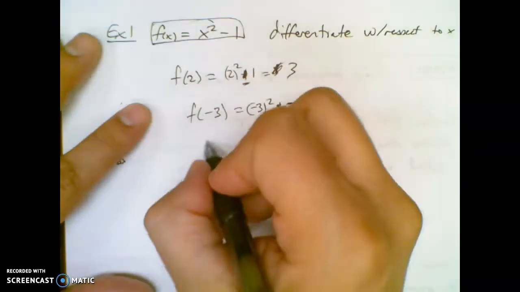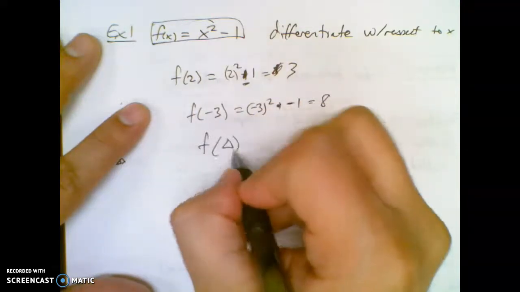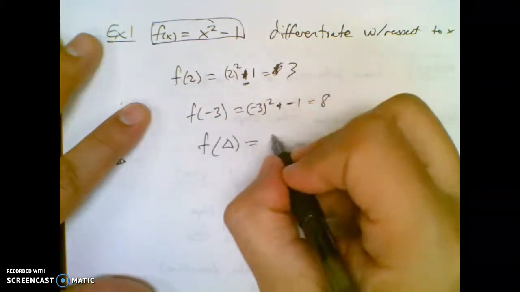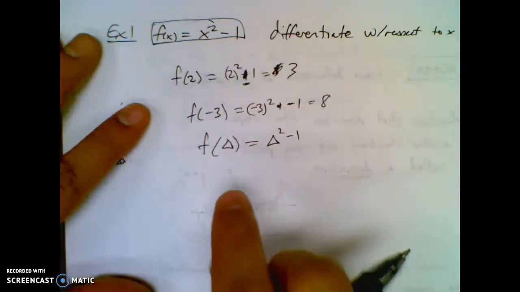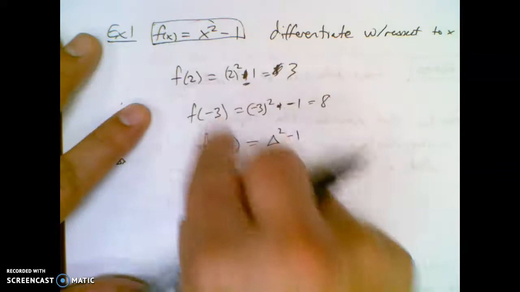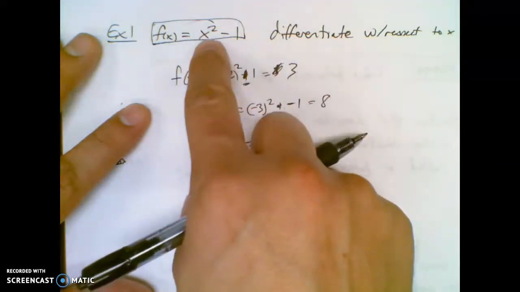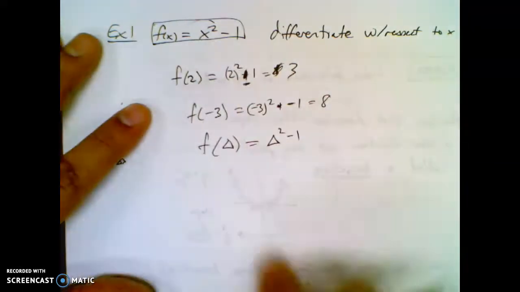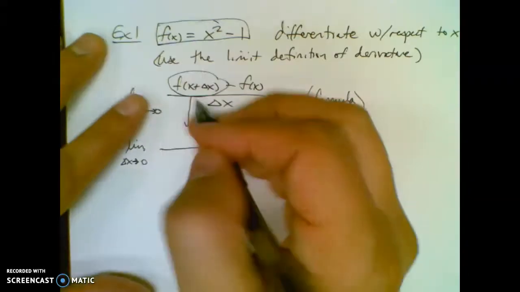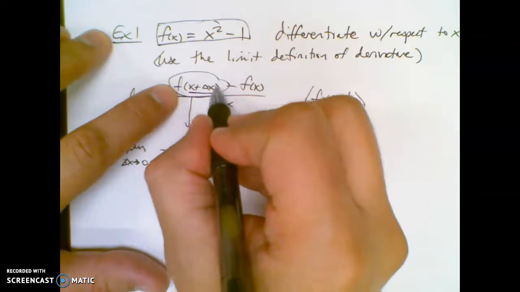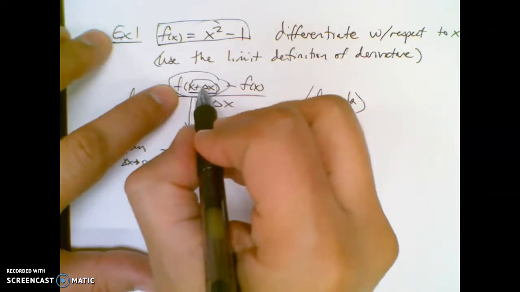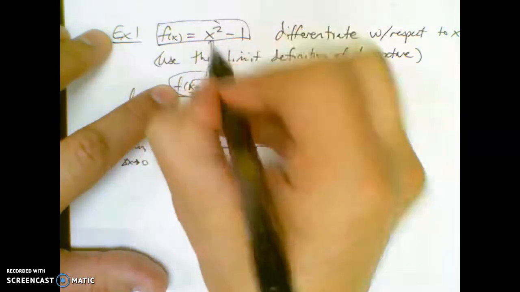What if I said f of triangle? Not that you would, but right? I just want you to get the point that anything I put in parentheses here, I will put in for x, and I write the rest of the equation. Okay, that brings me to here. So if you ask me to do f of x plus delta x, I'm going to take this guy, and I'm going to put it in just for x.